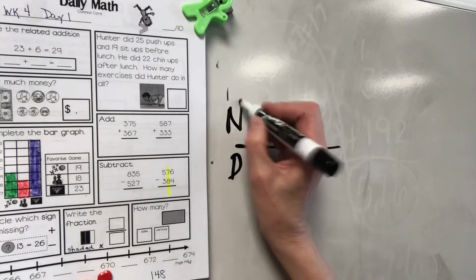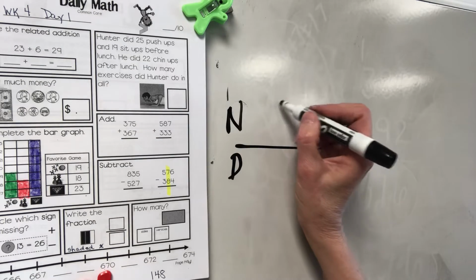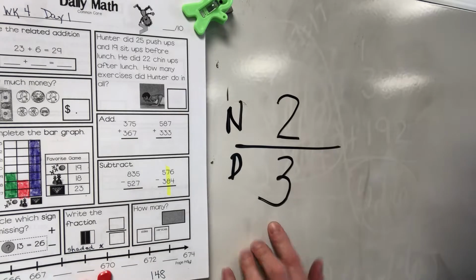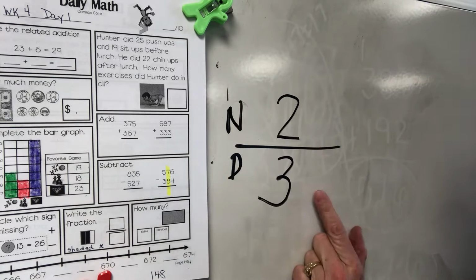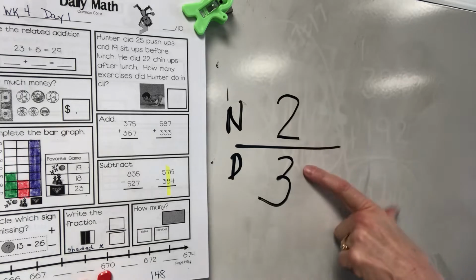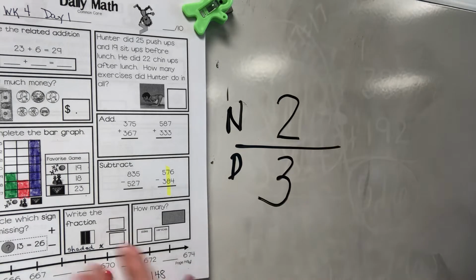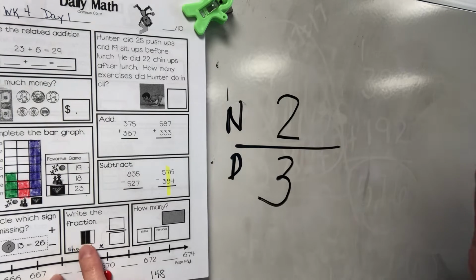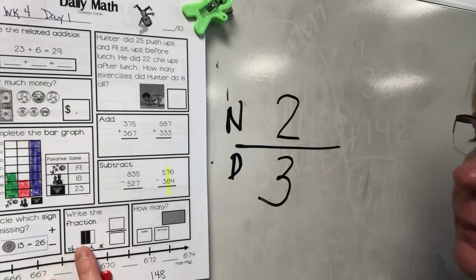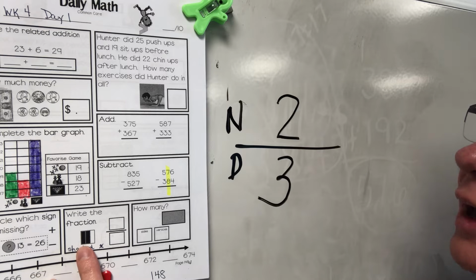We have 2 out of 3 parts shaded. 2 out of 3 equal parts. Now, how would we read that? 2/3. 2/3 of this shape is shaded.